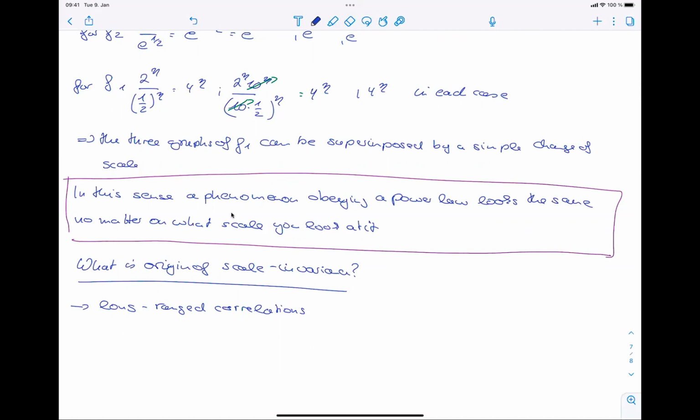And the divergence of these long-range correlations, because of the fluctuation-dissipation theorem, maps again to the divergence of a response function at a critical point.